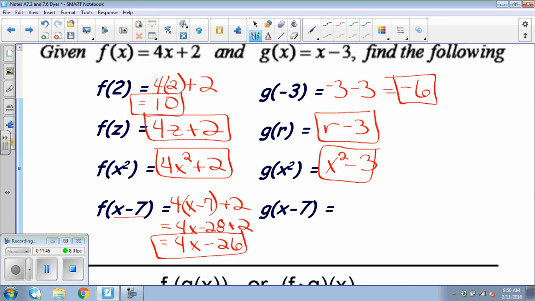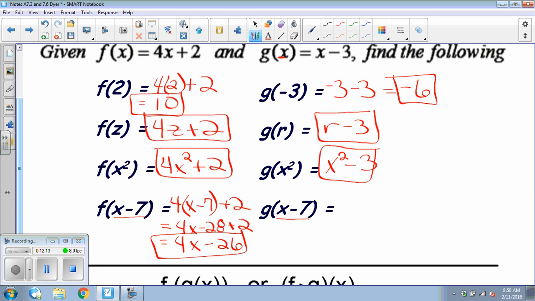So do g of x minus 7. You multiply, right? No, we replace. It's x minus 7, parentheses, minus 3. That's not multiplication though. It's not times 3, it's minus 3.